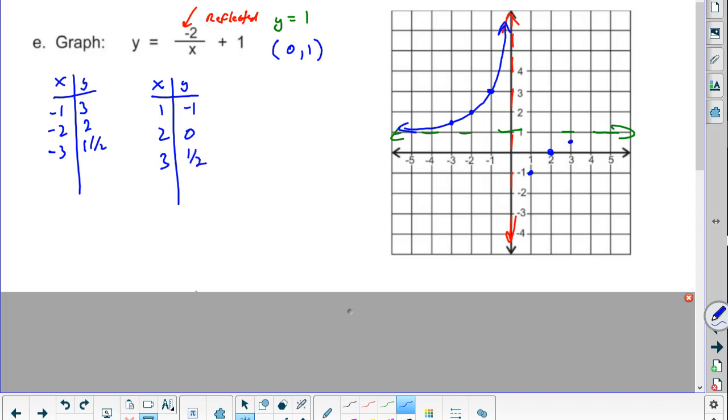And sure enough, do you see the mirror image? I do. And we know the domain is going to be anything except for 0, and the range is going to be any y value except for 1.